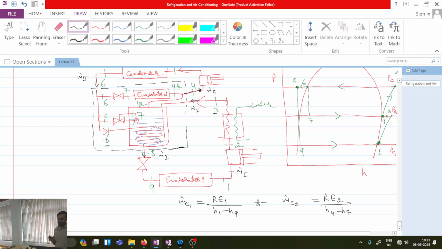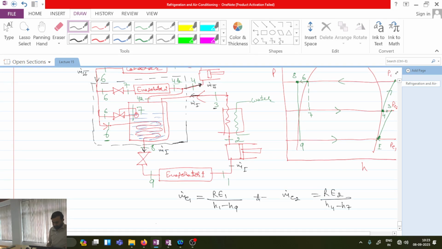Now you tell me, only these are the mass interactions. So m dot 1 is coming with enthalpy H3, leaving with enthalpy H8. m dot 2 is coming with enthalpy H6, leaving with enthalpy H4.